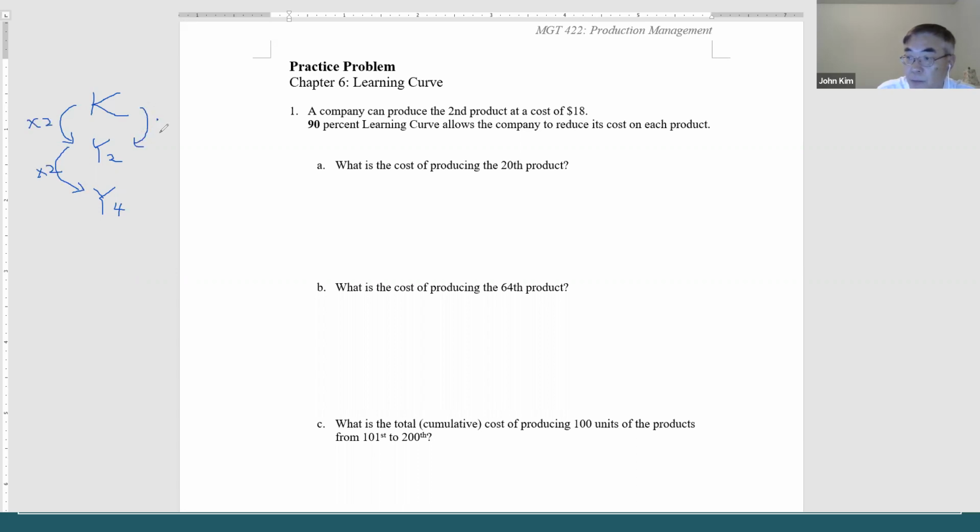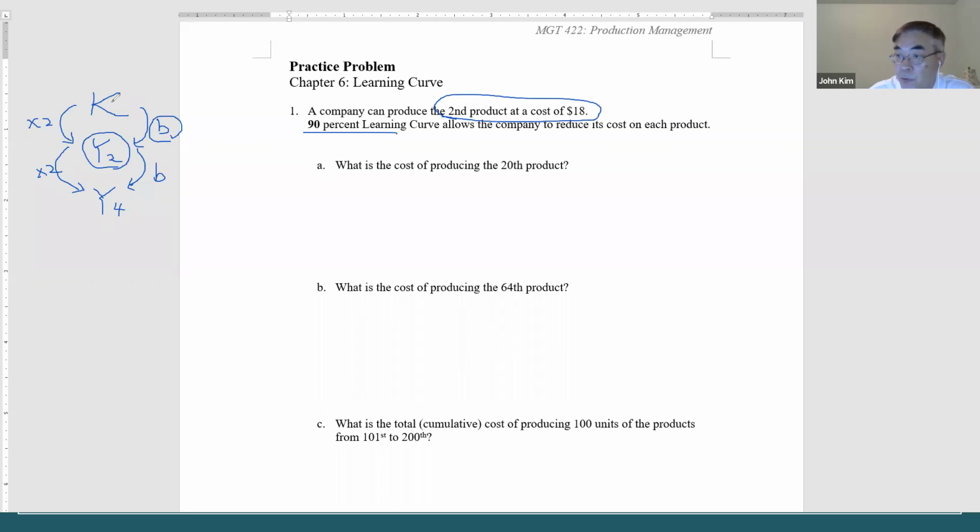Times B times B. So we know Y2, the second product cost is Y2, then 90%, so we know this.